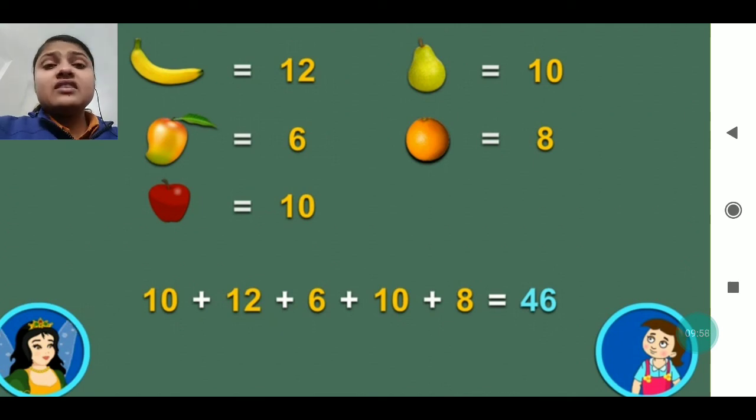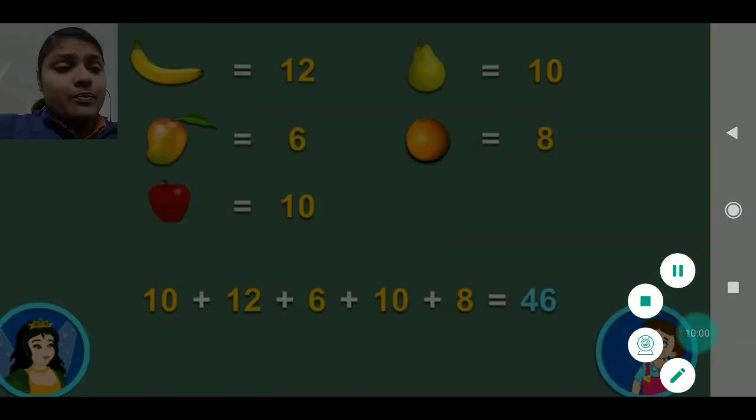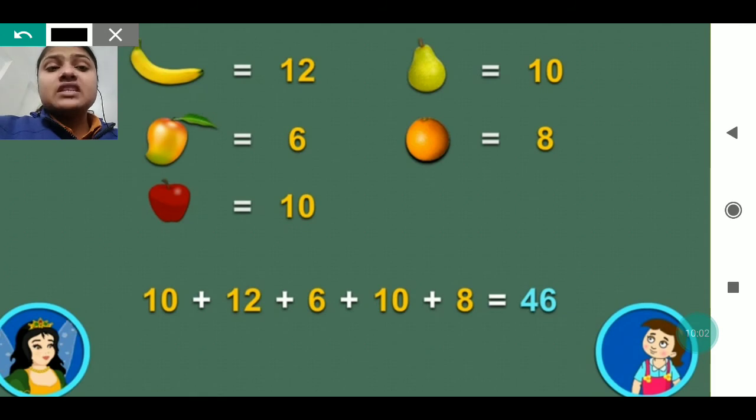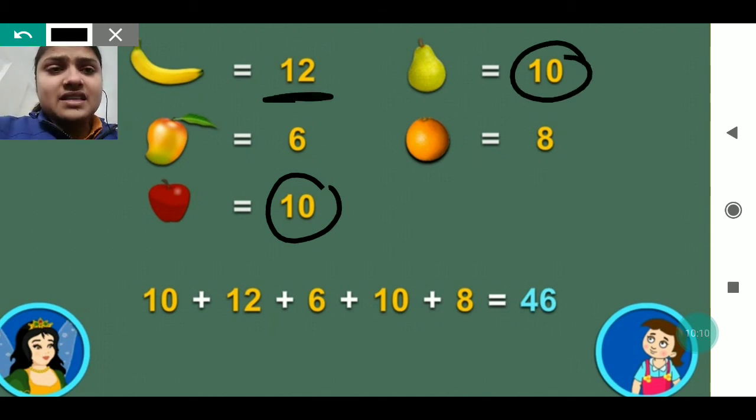Okay, and if it is asked which is the maximum, which fruit is the maximum? So what you will say, the bananas are the maximum because bananas are 12 in numbers. That is the maximum, meaning the largest.